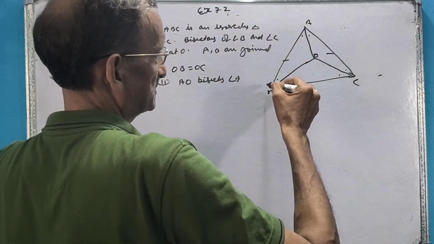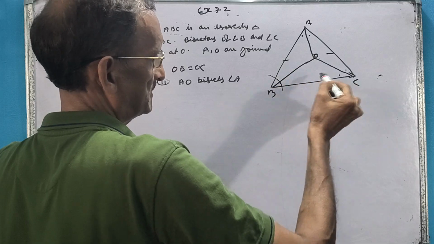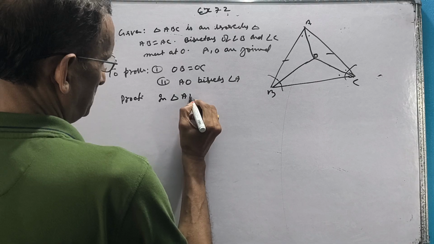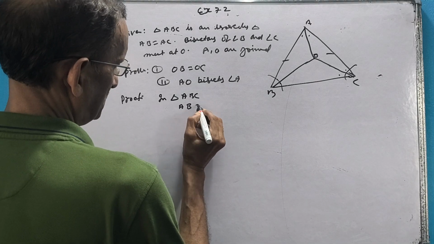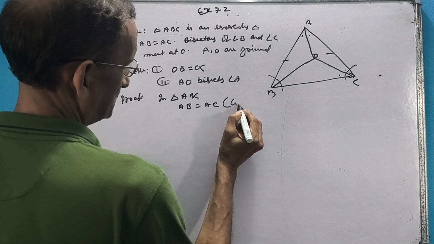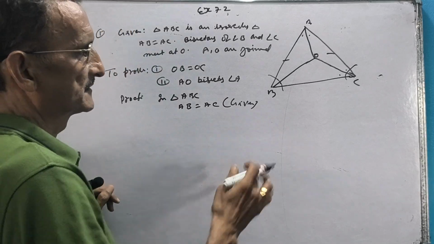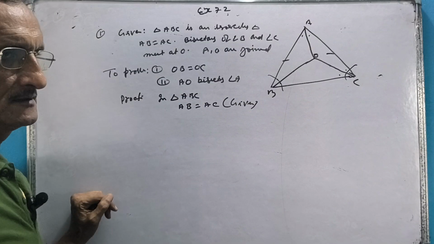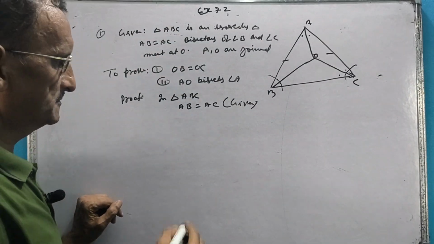Now see here, if two sides of any triangle are equal, their opposite angles will be equal. So in triangle ABC, we are given AB equals AC. Since AB equals AC, their opposite angles are equal, using that theorem.